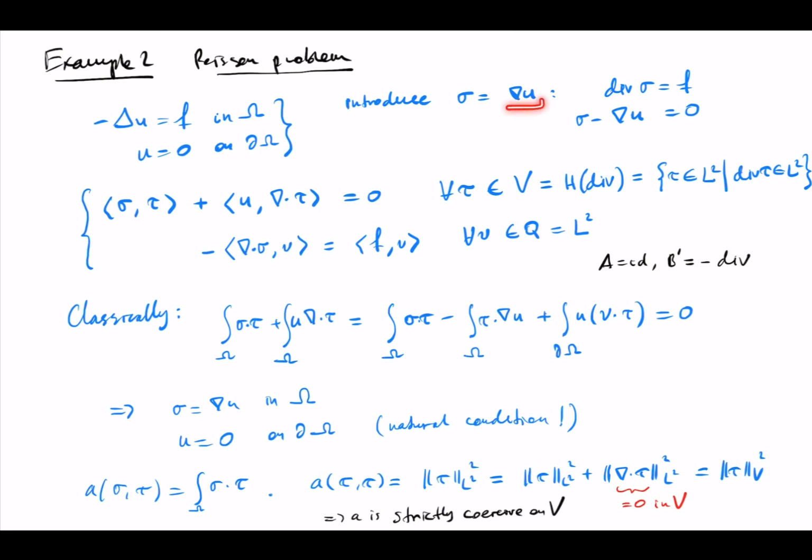So if sigma is the gradient of U, then the first equation becomes divergence of sigma is equal to F.